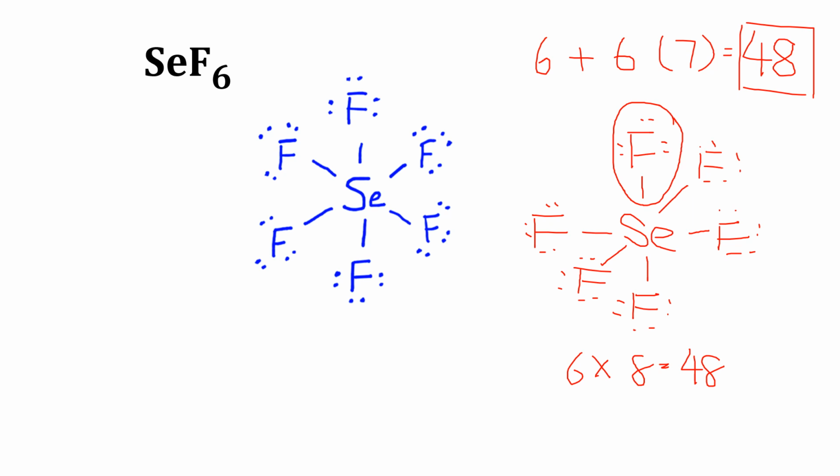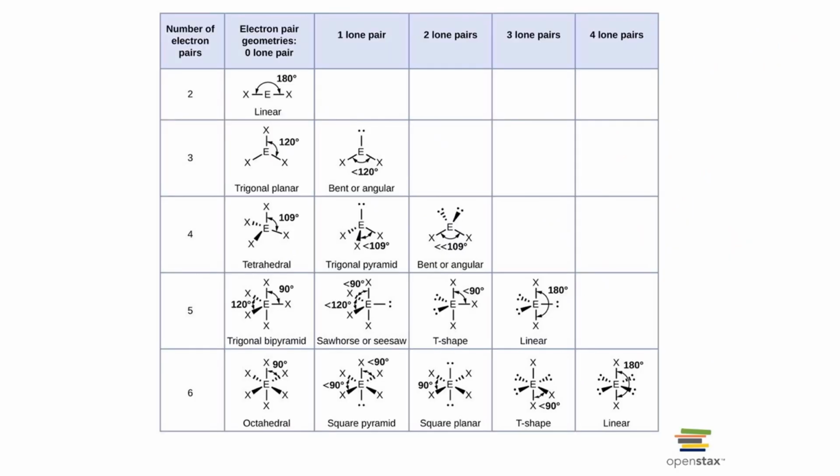Okay, let's go on to see how we determine the structures of these molecules. We have a page giving you the number of electron domains. So now you know the total number of electron domains that this particular structure has.